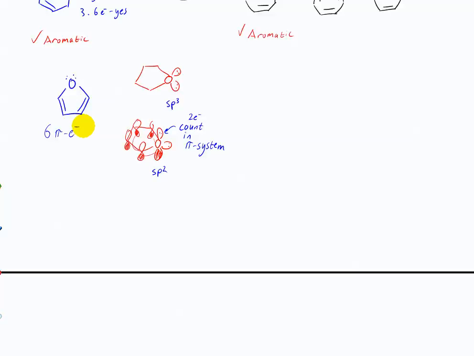Now, if you had a molecule like tetrahydrofuran, without the double bonds, yeah. So it both is and it isn't aromatic? No, furan is. It absolutely is. But we would expect to see those in sp2.